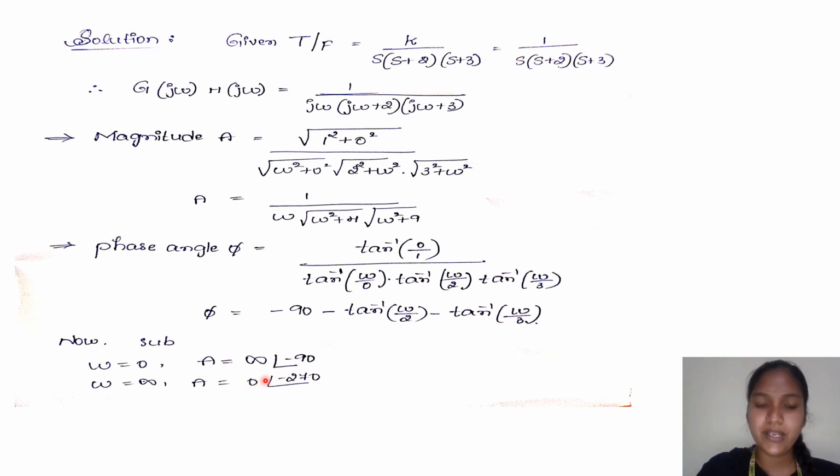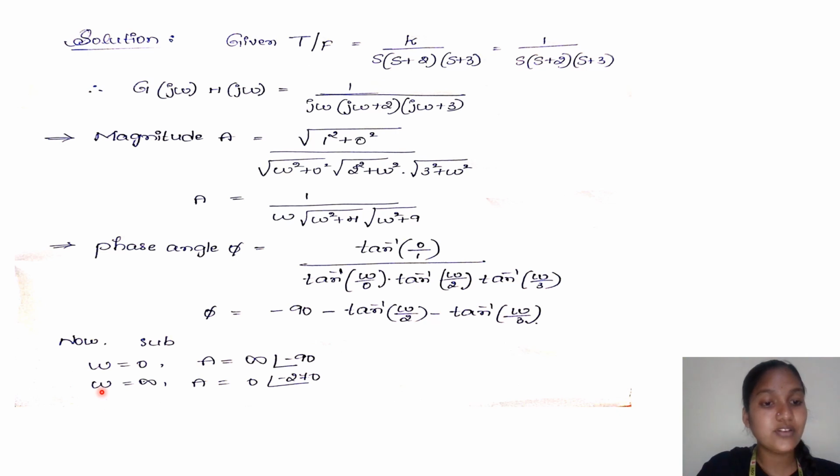So the magnitude will be infinity, and for the angle, if we substitute omega is equal to 0, this term will be 0 and this term will also be 0. So we get phi is equal to minus 90. So the angle is minus 90.